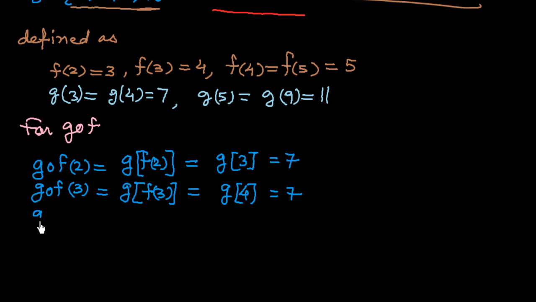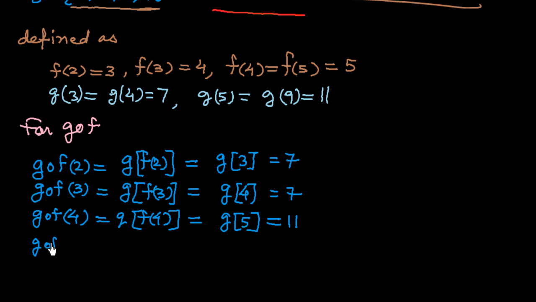Now you see (g∘f)(4). We find g of f of 4, and f of 4 is 5, so we find g of 5, which is 11.